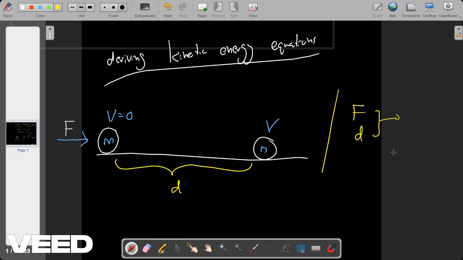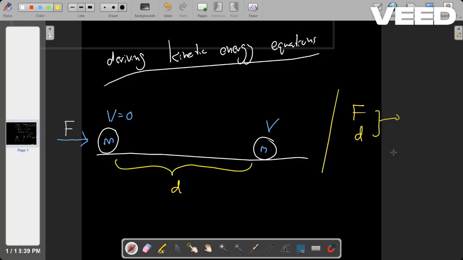What is the work done on this object with force F? We have applied this force for a distance of d, right? Displacement is d. Until it has covered d distance, we have applied the force. So it has accelerated from here to here until it has gained the velocity of v.